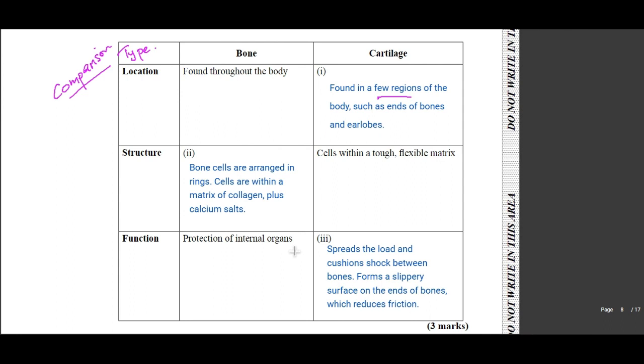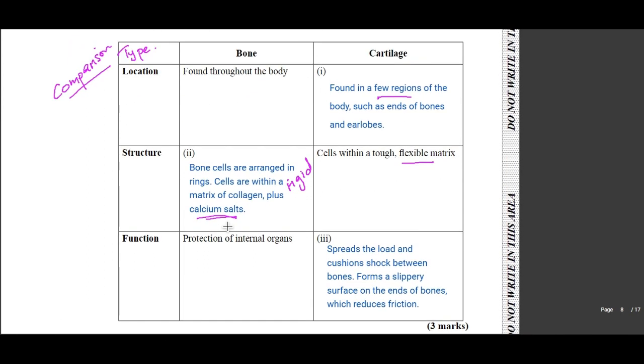Cells are within a rigid matrix, because we want to give the opposite, show how bone is the opposite. So whereas cartilage has a flexible matrix, the bone has a rigid matrix, right? And that's due to the calcium salts. The embedding of calcium salts into the matrix is what makes it rigid, right?